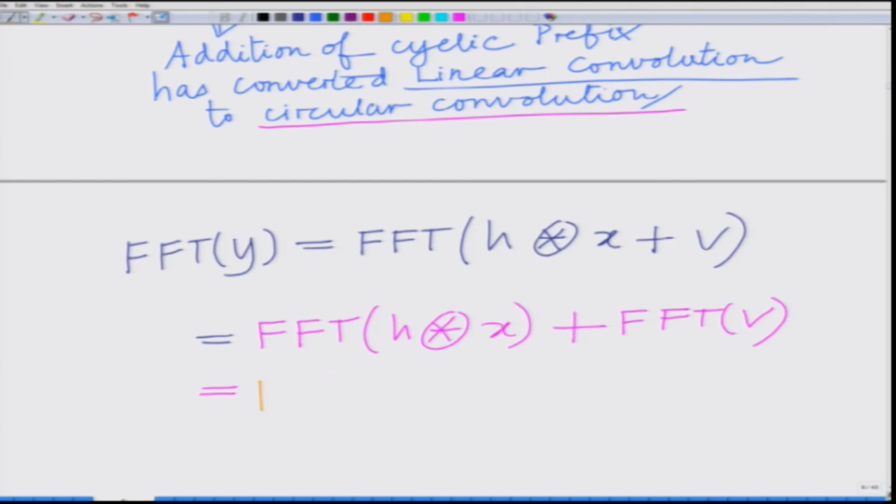So, this is basically the FFT of H times the FFT of X. Remember, the circular convolution in the FFT domain becomes the product, plus the FFT of V, and this is very important.